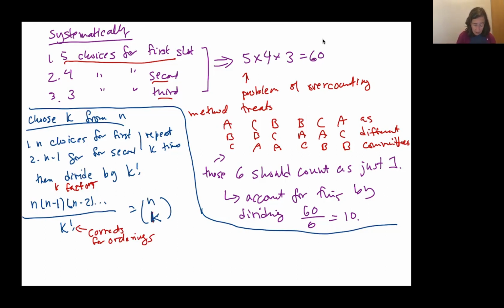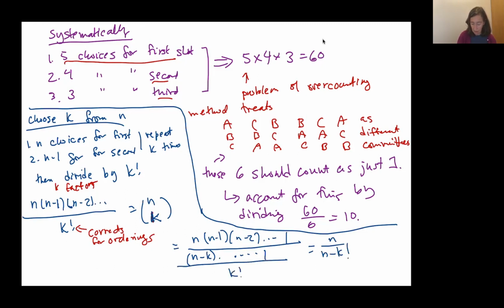We could rewrite the numerator here as N times N minus 1, N minus 2, all the way down to 1, divided by N minus K, all the way down to 1. We could write it as N factorial divided by N minus K factorial. But we also have to remember that we're dividing by K factorial as well.